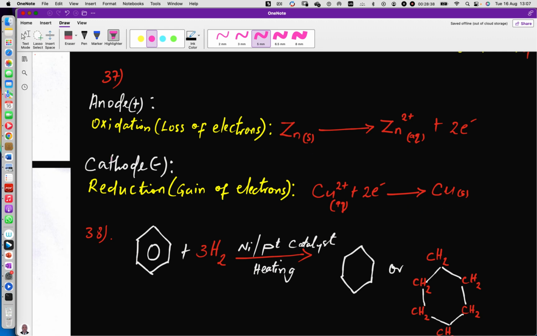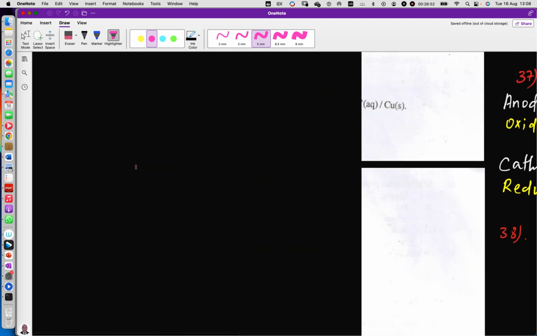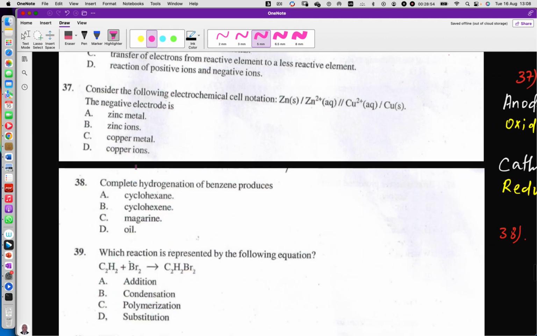So the negative electrode will be where this one is taking place. That will be the copper rod, and that will be the cathode. So our answer for 37 will be C, copper metal.